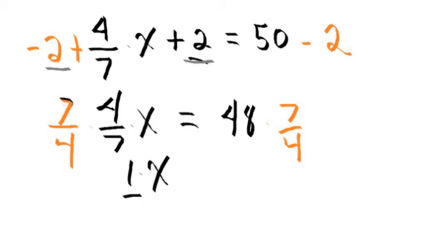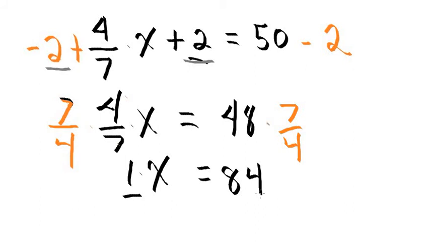So as you can see, 7 over 7, that'll cancel, 4 over 4 cancels, and you have 1 over 1, which is 1. And so now we're left with 1 times x is equal to this guy over here, which should reduce down to 84. I'll let you do the arithmetic on that.